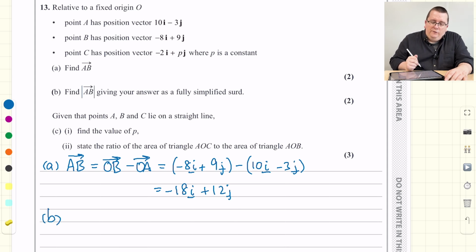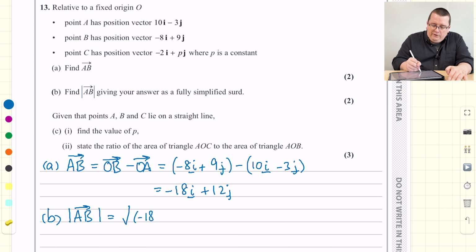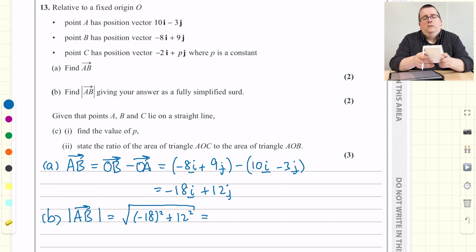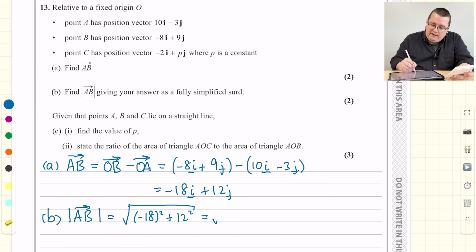Part B, find the modulus of AB, so the length of AB, giving your answer as a fully simplified surd. So the length of AB is the square root of minus 18 squared plus 12 squared. So using Pythagoras' theorem, so we have minus 18 squared plus 12 squared is 468.